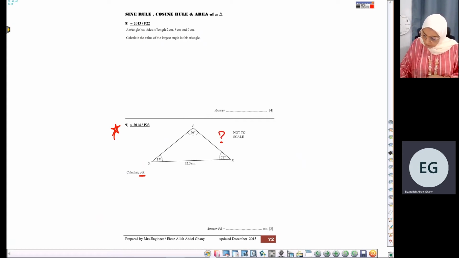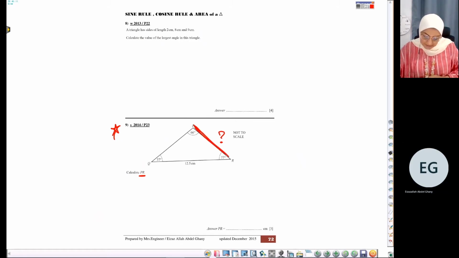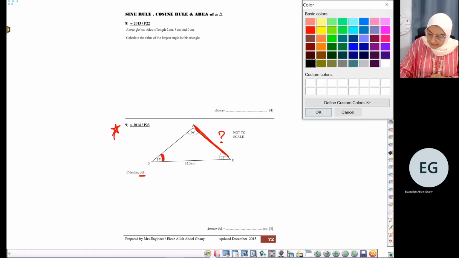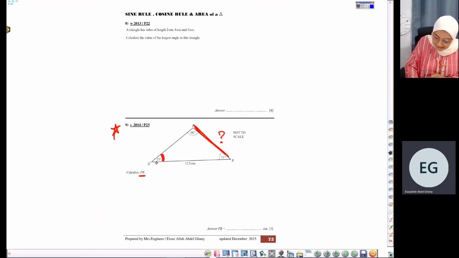I used to put a question mark on the side, and this red side is related to this red angle. It's opposite to it. And this side is related to which angle? 66. So ignore the 77, and you simply write dash equals dash, and then cross multiplication.